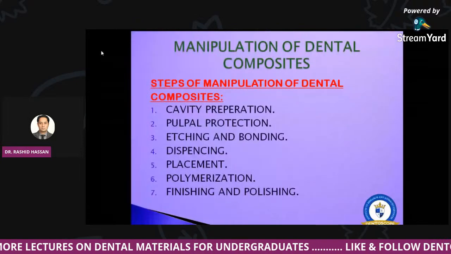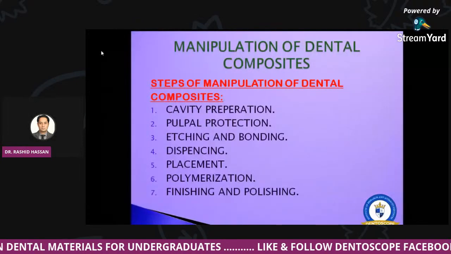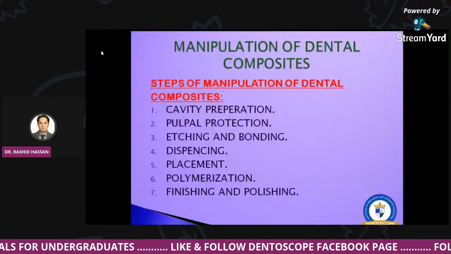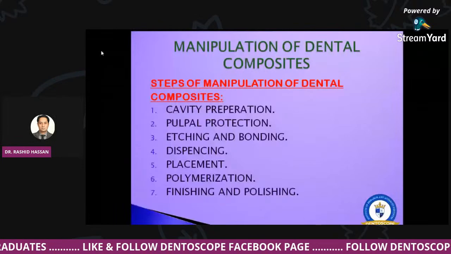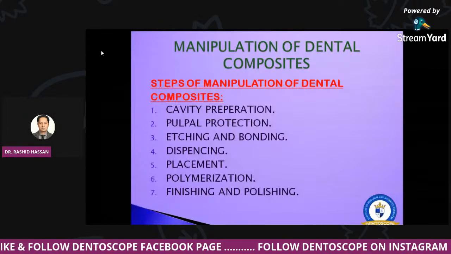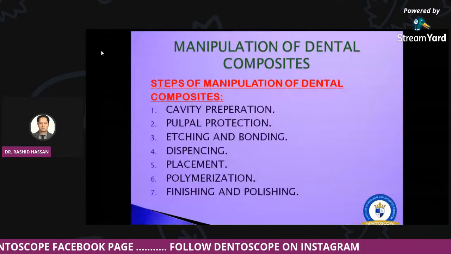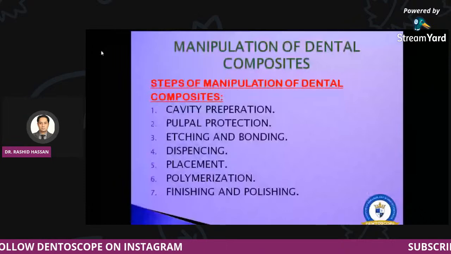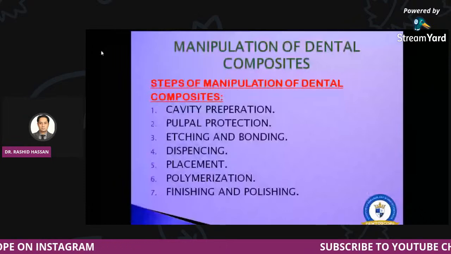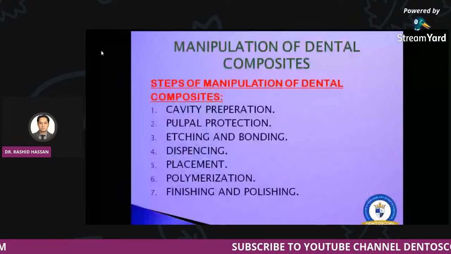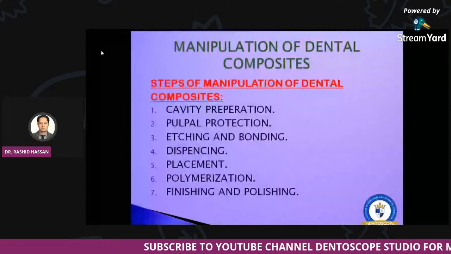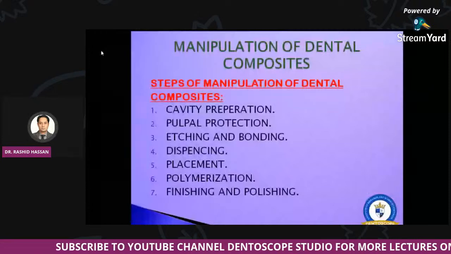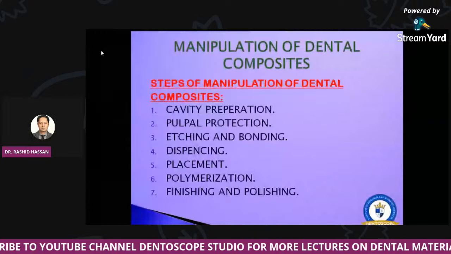You diagnose what type of cavity it is, you remove all the carious lesion. Then, if the cavity is very deep, you have to provide a pulpal protection either by calcium hydroxide or any other pulp agent.